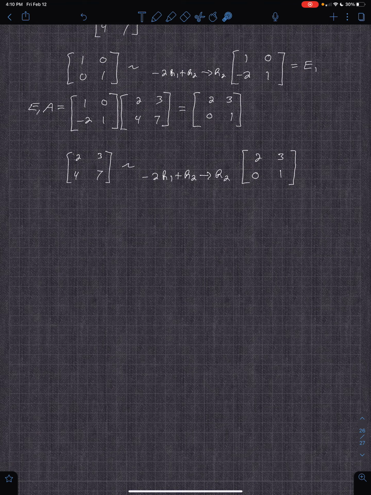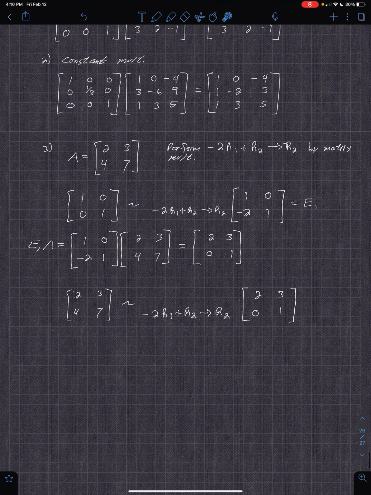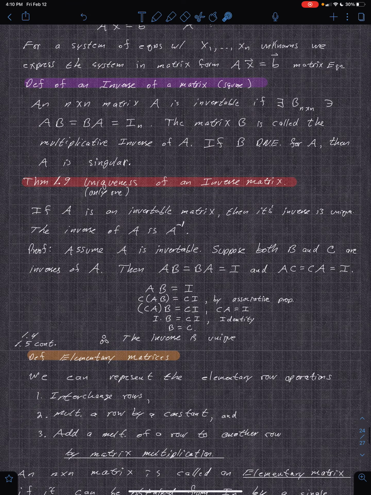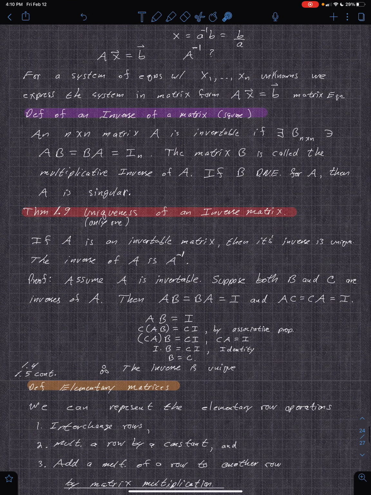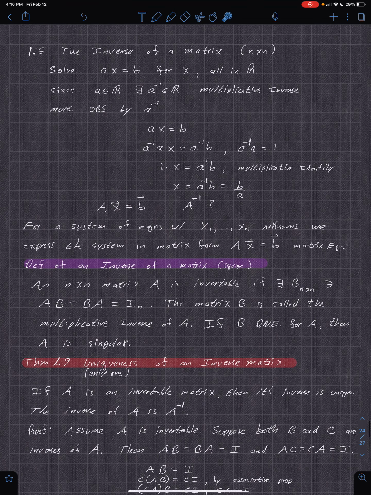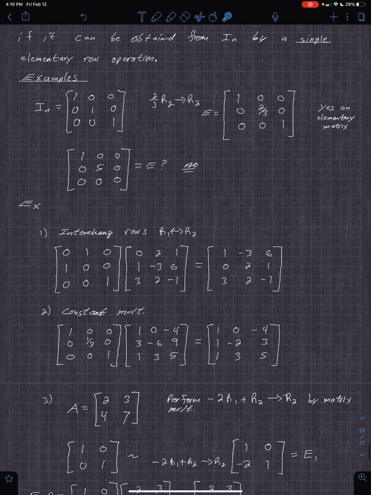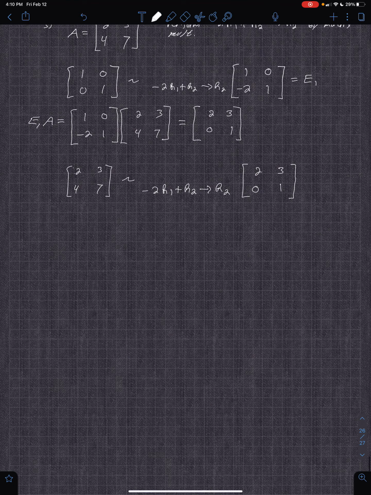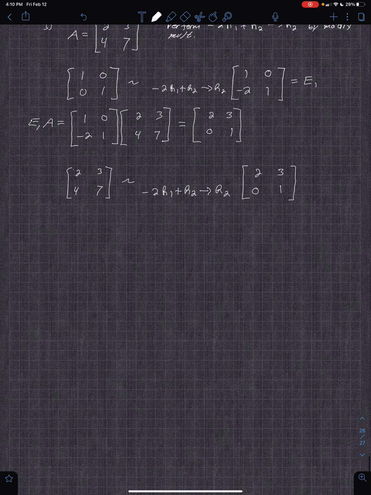Once we have that, then we have other properties to contend with. We have all this stuff back here. What about inverse matrices? What about those products of identity matrices and things like that? Okay, so that's where we're heading with this stuff. So hopefully that was a good way to show that.